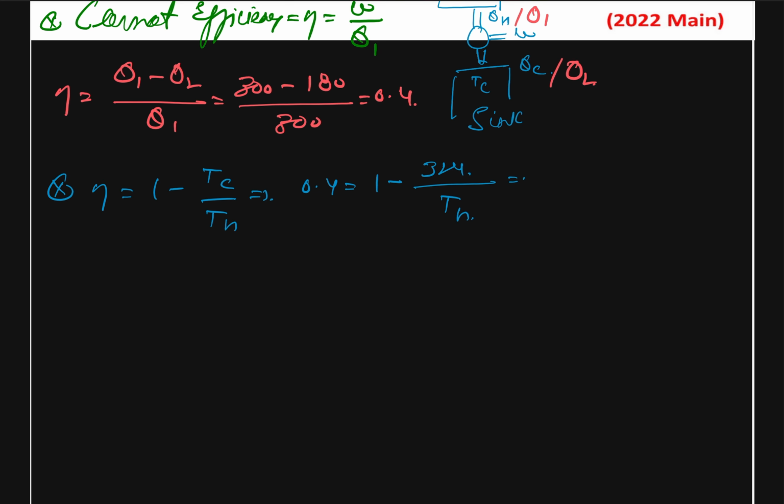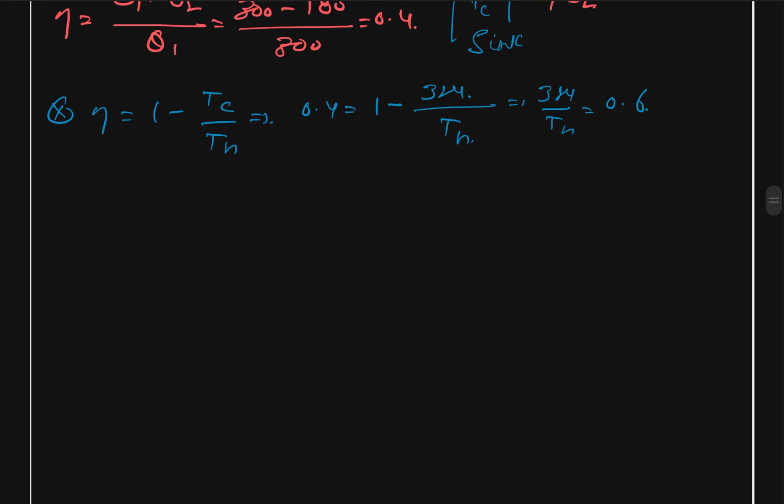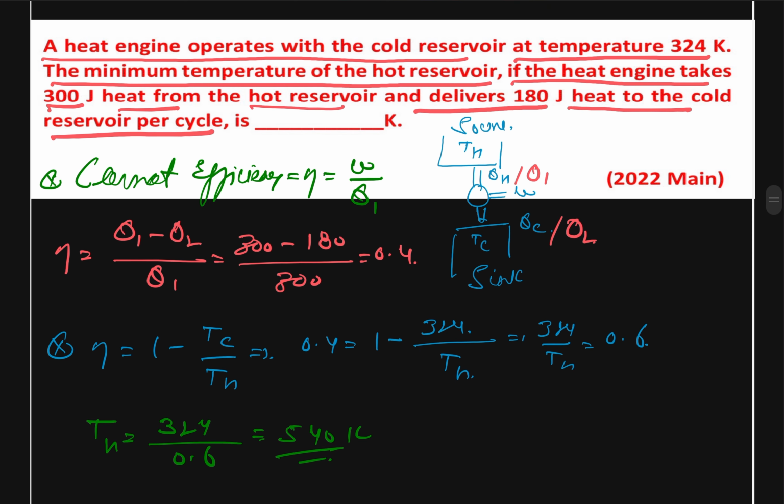So from here we get 324 upon temperature of hot is equal to 1 minus 0.4, which is 0.6. So we get our temperature is equal to 324 upon 0.6, which comes as 540 Kelvin.